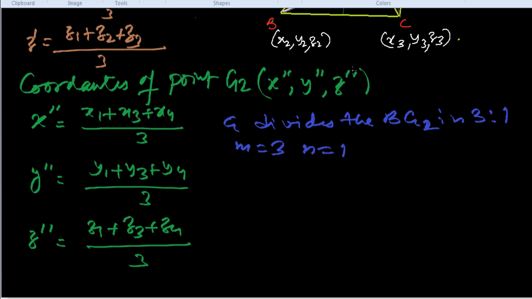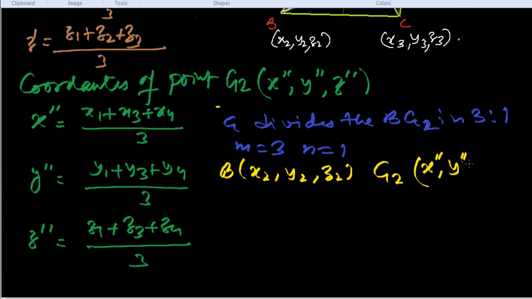Now we will find the coordinates of G, because the coordinates of B we already know: X2, Y2, Z2, and for G2 we have the coordinates X'', Y'' and Z'' here.